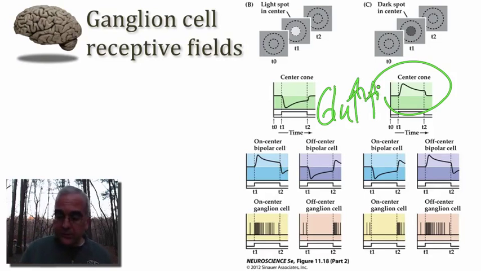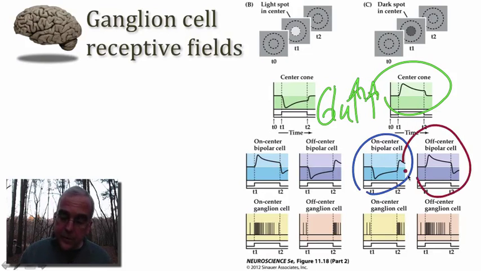With an increase in synaptic glutamate, the on-center bipolar cell is going to hyperpolarize due to the activity of the metabotropic receptor system, whereas the off-center bipolar cell is going to depolarize because glutamate's activating its AMPA receptors. And as a consequence, the off-center cell is going to fire a barrage of action potentials with this decrease in light level of the center. Meanwhile, the on-center cell is going to be suppressed.